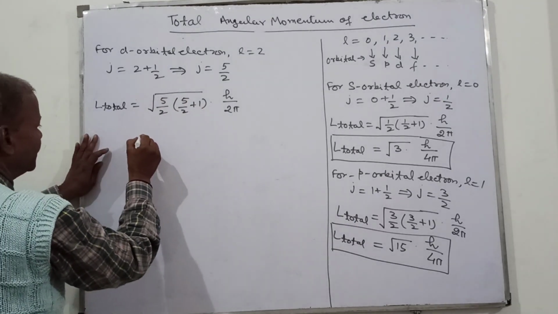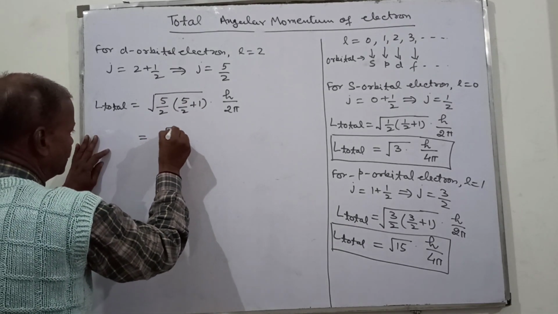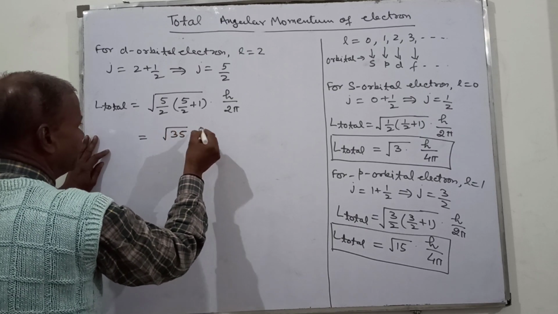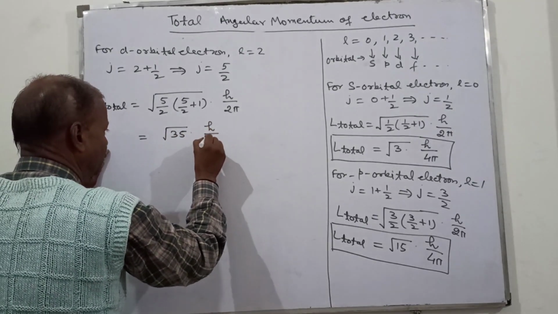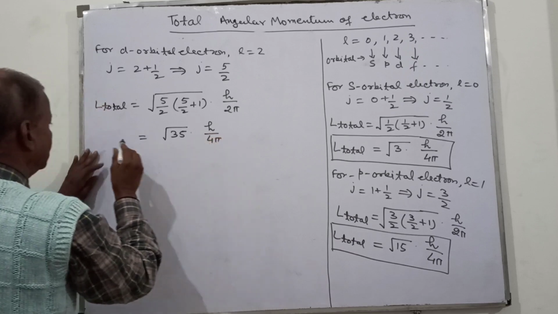So square root of 35 into h upon 4 pi. This is now L total.